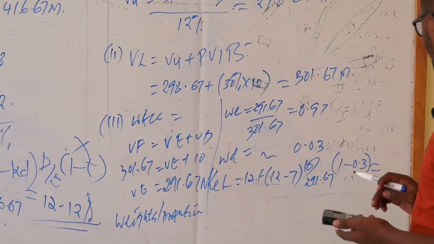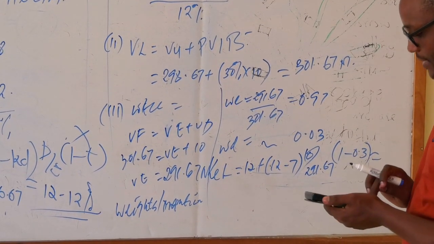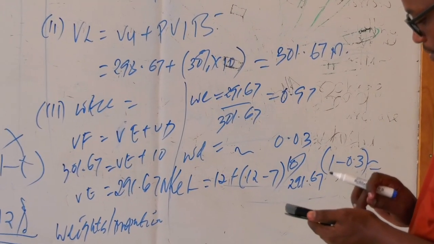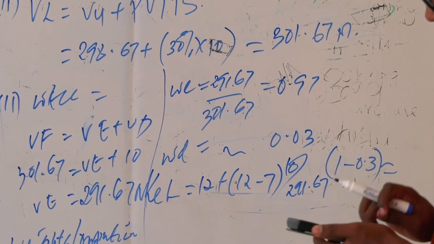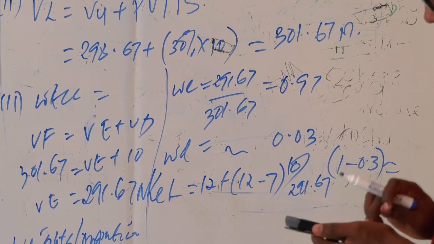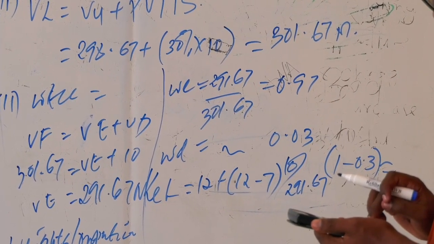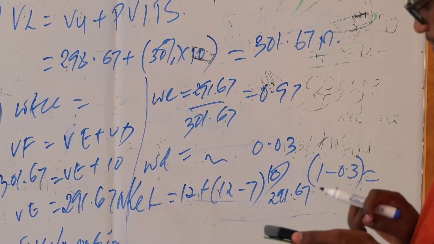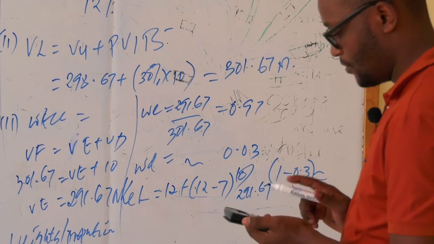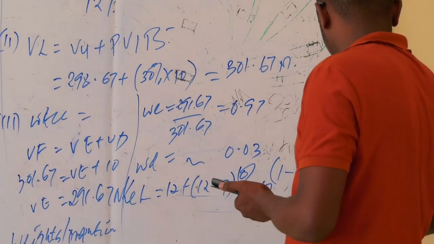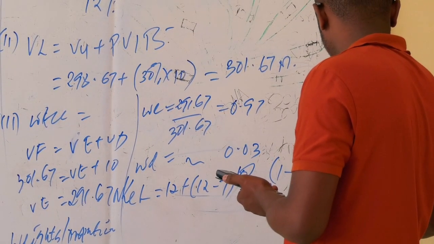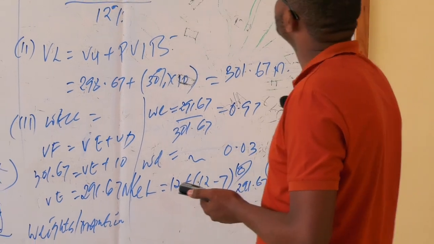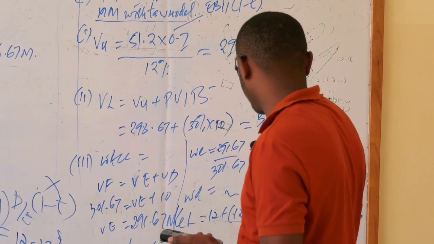You start and divide by 291.67, answer times 0.7. Then you multiply by 5. Then you add 12. You get 12.12%.